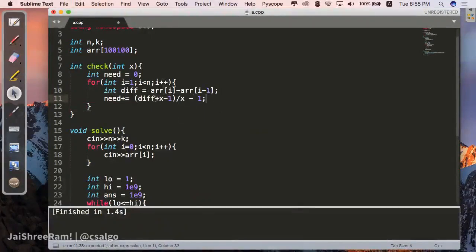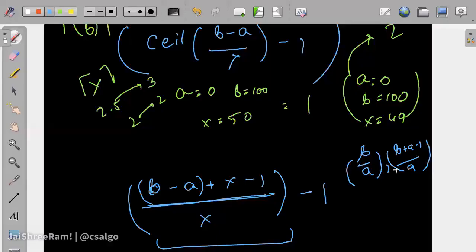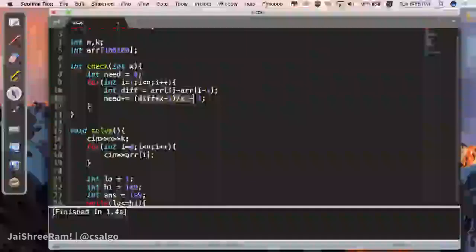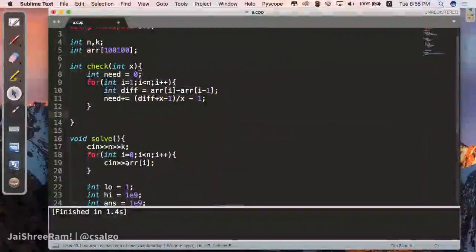If the gap is diff and the maximum distance possible is x, then this is the number of points that we discussed just now, right? This is the same formula. And if for all the n minus 1 gaps, the total number of points needed is less than or equal to k, then we can make this particular max value, or else we cannot make this max value.